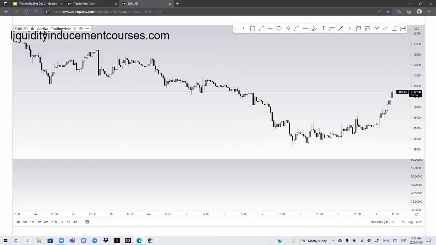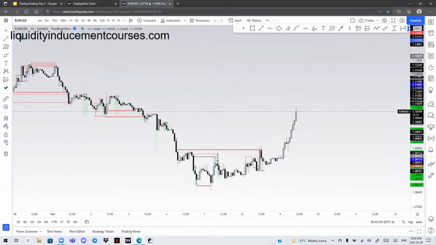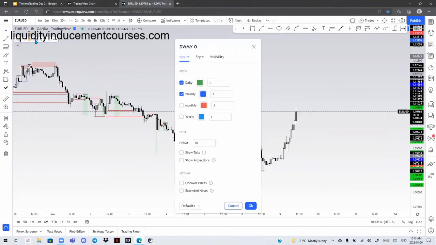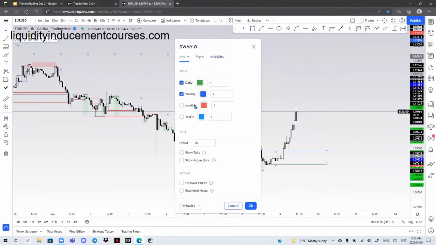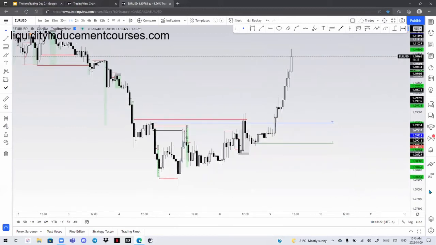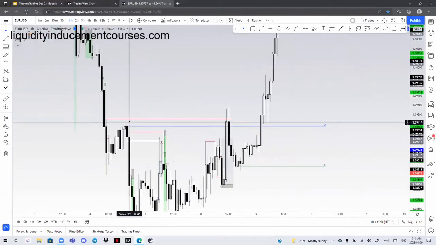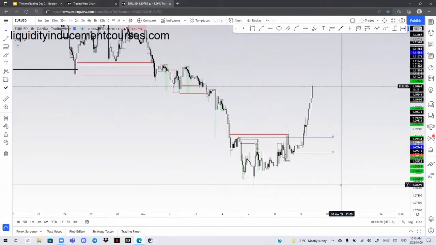I use the 1 hour instead of the 4 hour or anything similar to that. I have this indicator where I can see the daily. I apply the weekly and the daily opening, so I can see last week's high and last week's low, stuff like that.